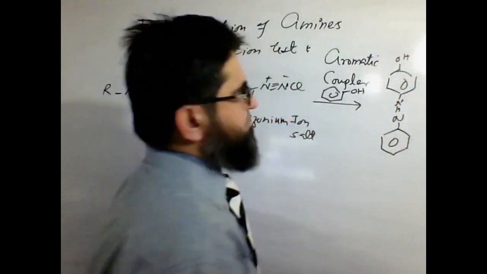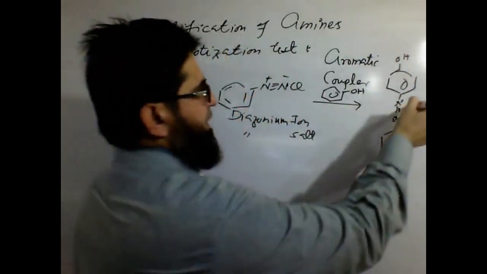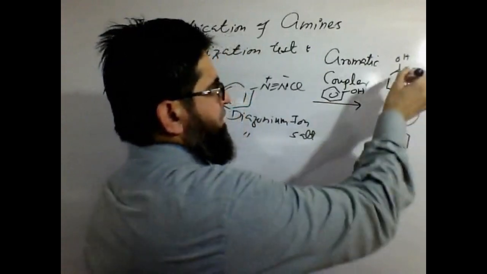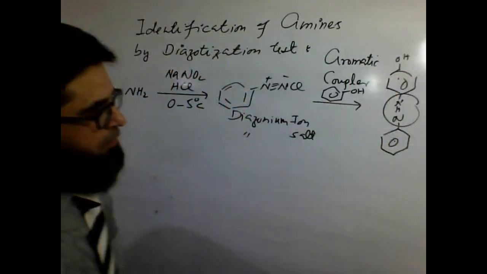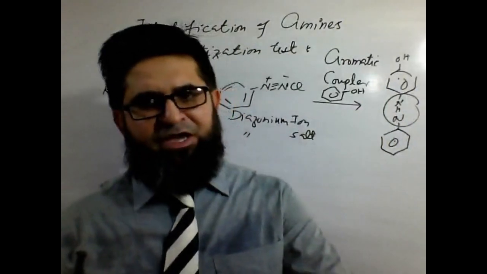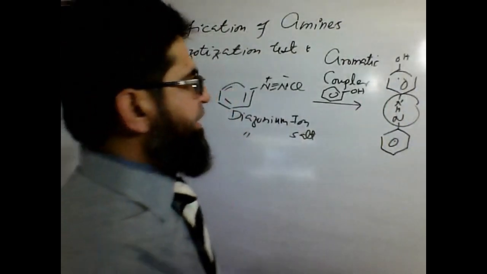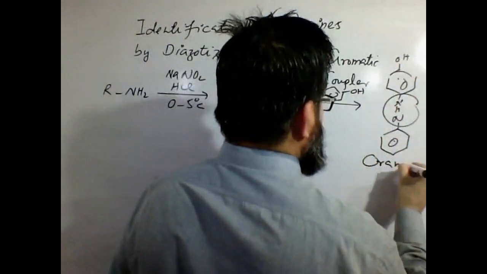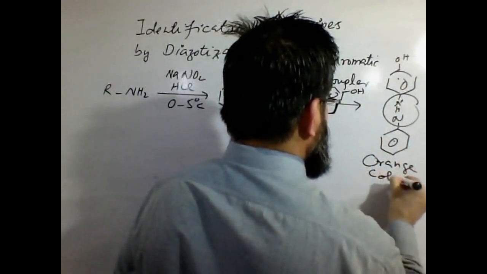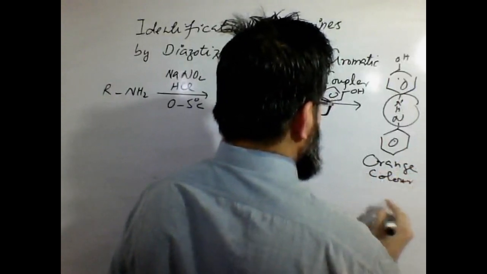So we will have this product, this azo group, in conjugation with the aromatic compounds, which will generate a dye.